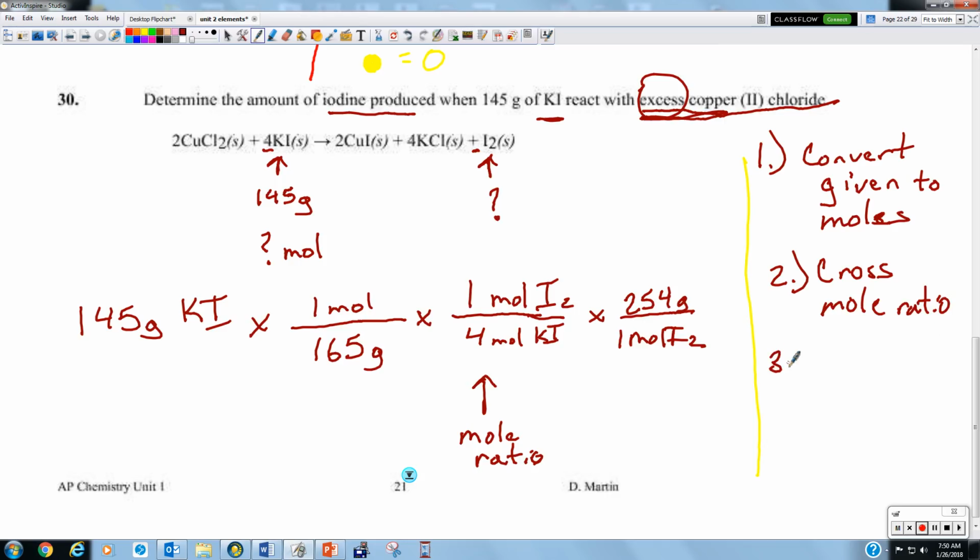Step 3, if required, convert unknown back to grams.